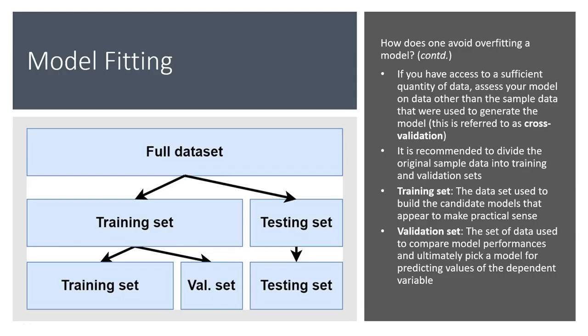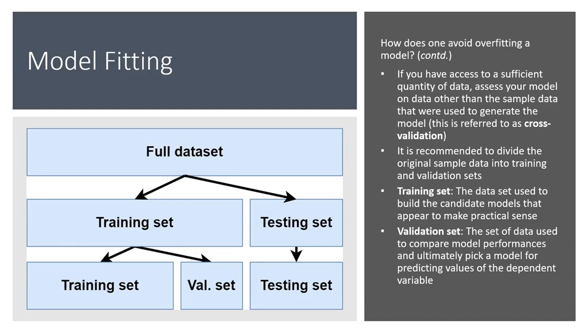So if we're looking at model fitting, we have our full data set and we split it into our training and test set. And our training set then gets split into a training and validation set. So if you have access to enough data, you want to assess your model on data other than your sample that was used to generate your model. And so this is going to be called cross-validation.